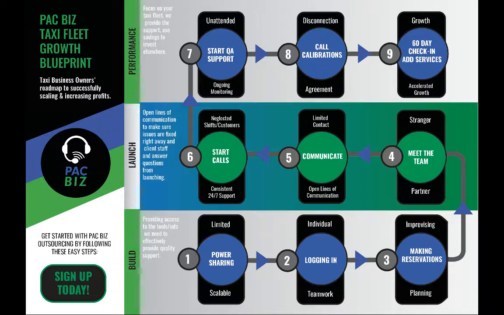And so, at that point, that 60-day mark, that's when we start having those conversations to make sure we're performing at or exceeding the level you're expecting. And if so, is there anything else that you guys need? What are your customers missing out on? What support are they not getting that we could fill in? So that's where we have that conversation. And so through this process and this blueprint, that's where we could take you from not outsourcing to, possibly even, doing the dispatching for your company there.